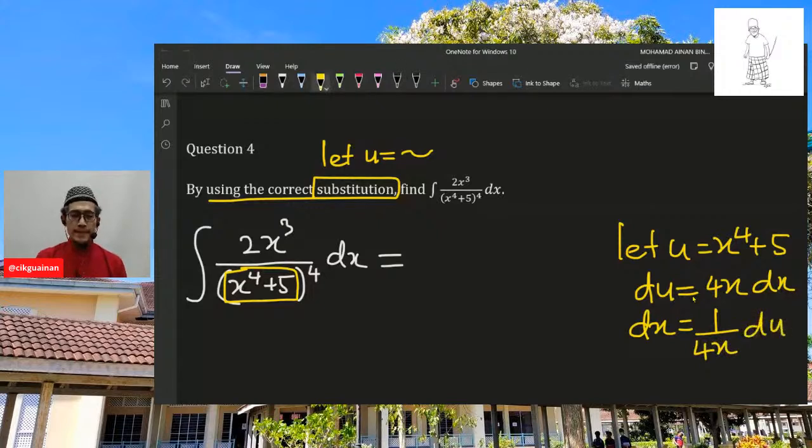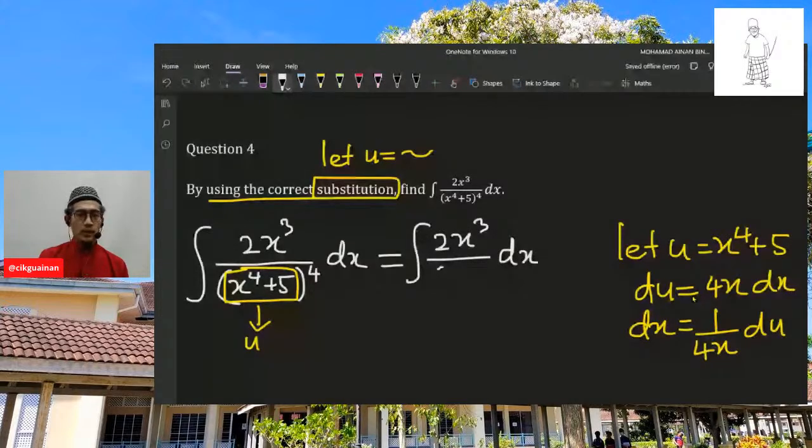Since we already declared this to become u, let's replace whatever is left instantly. If possible, we have to make sure everything is in terms of u.